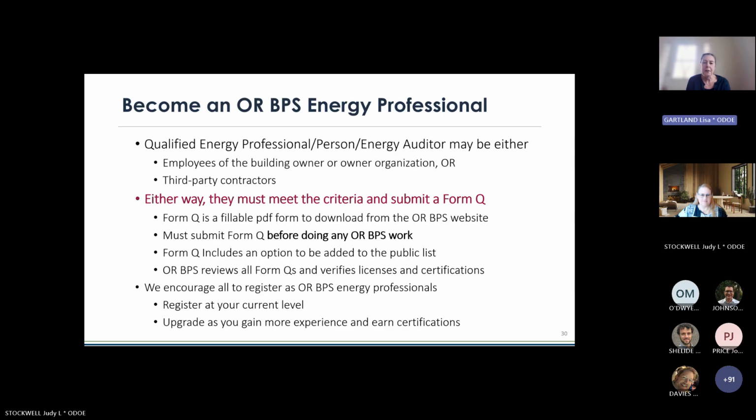No matter who you hire to do this or task to do this, they have to meet the criteria of each role, and they have to submit a Form Q, the Energy Professional Qualifications form, to us before doing any work for the program.